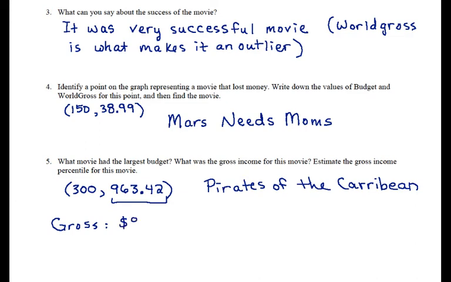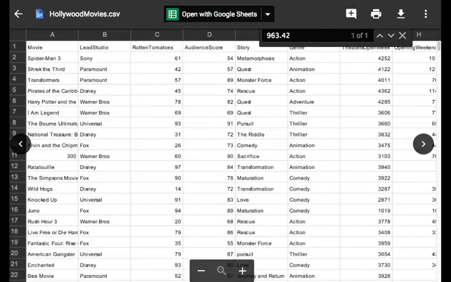A pretty successful movie. Not as successful as Avatar, but very few have been, or actually none, according to this graph that we're looking at. And to estimate the percentile, that's going to be a little bit tricky.